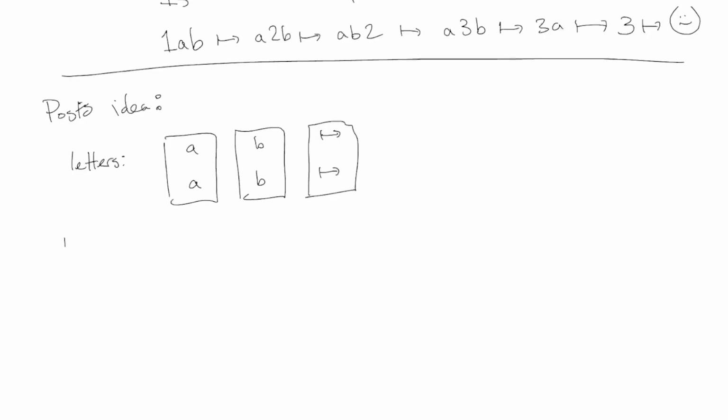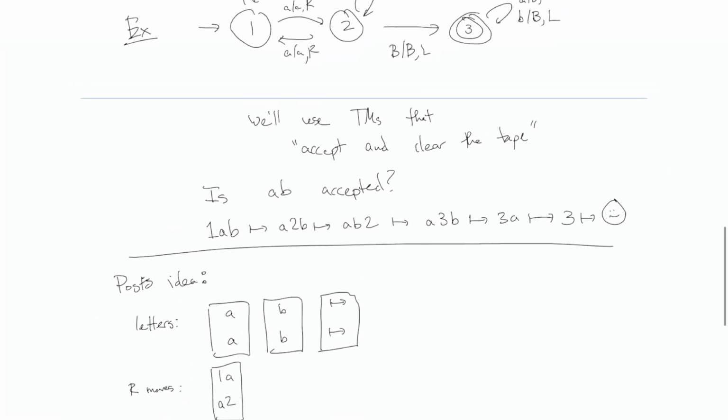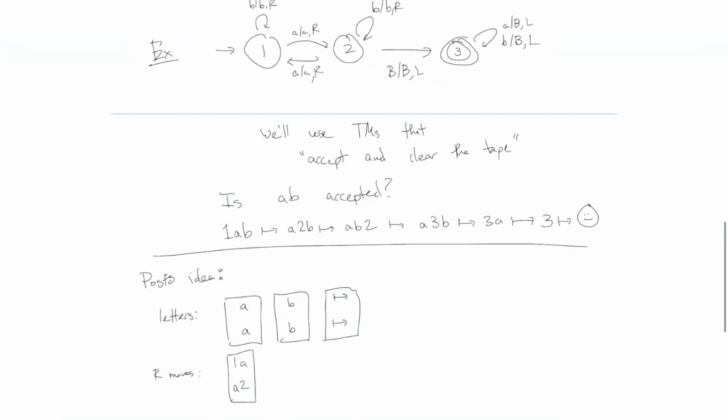There are also blocks representing the moves to the right. And they are like this. If you think about each of the arrows in the original diagram, like the first arrow, sorry to scroll away here, this first arrow, A A R, going from state 1 to state 2, you can think of that as a rule for rewriting.